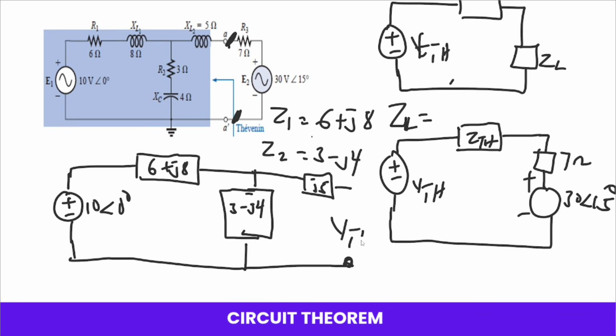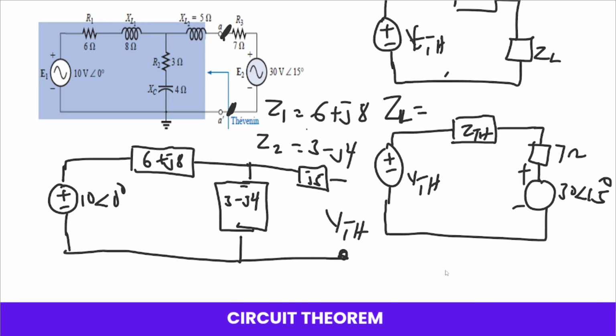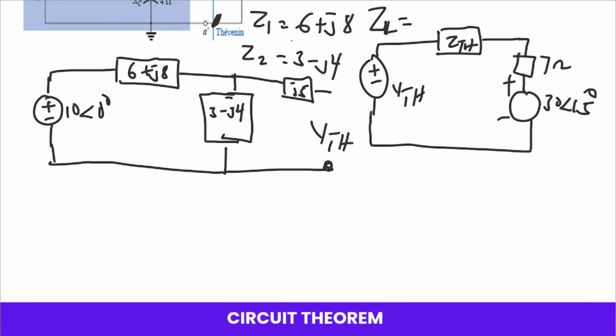So we'll have our VTH, and VTH is simply the open circuit voltage. If it is open circuit, it means that the current doesn't pass here. That means this one is not going to contribute to anything. So the voltage here will be the same as the voltage here. We can even take this one off. Current does not branch to the other side because it's open circuited. So we are going to find the voltage here.